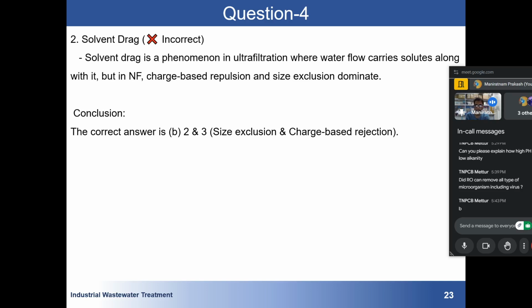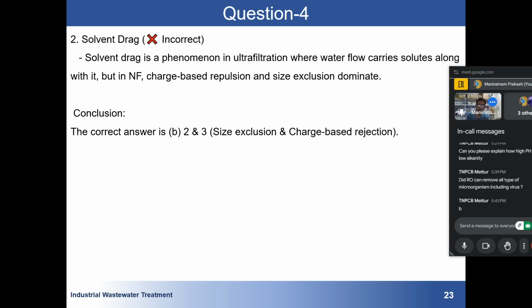Solvent drag is a phenomenon in ultrafiltration which carries the solute along. I have shown you here, this is ultrafiltration. I sometimes forget these technical terms, but I think you can understand it.